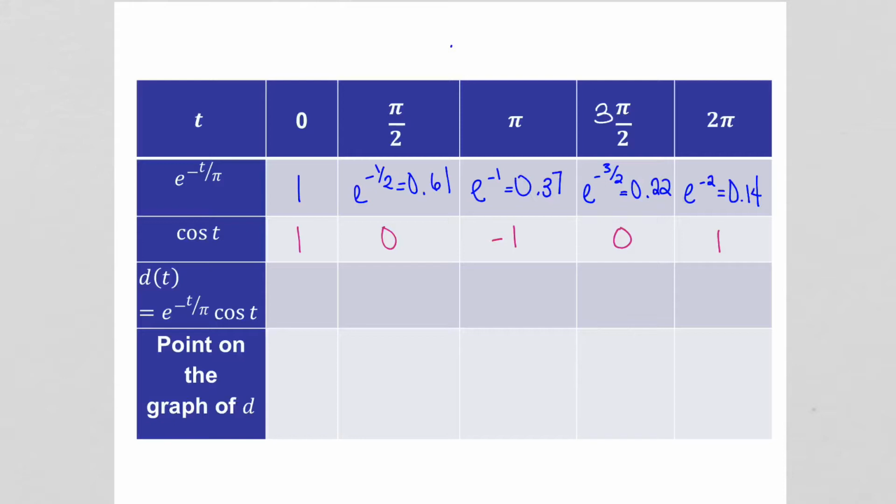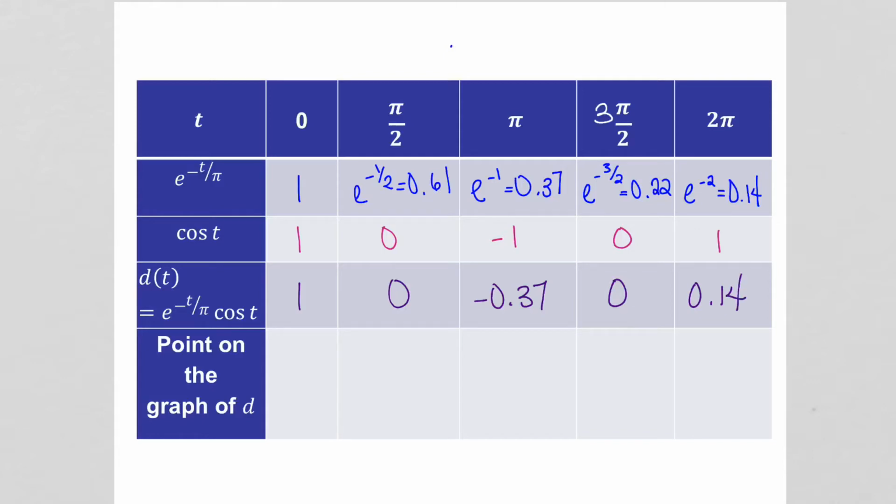So when you take these values and you multiply them, so basically 1 times 1 is 1. 0.61 times 0 is 0. 0.37 times negative 1 is negative 0.37. 0.22 times 0 is 0. And 0.14 times 1 is 0.14.